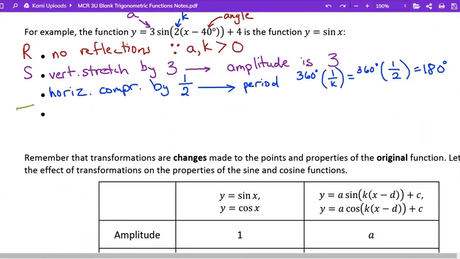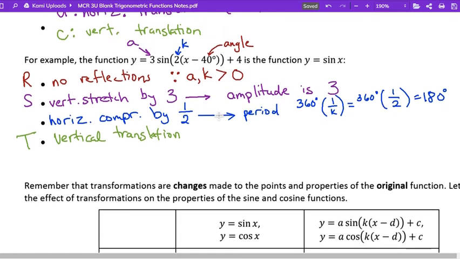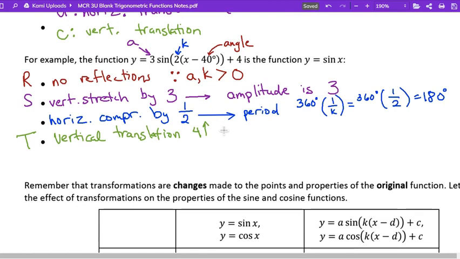Okay, and now we go to the T's. Do we have a vertical translation? Yeah. How are we moving? Up, down, how much? Up 4. Good. 4 up. And anyone remember which characteristic of the sine and cosine function this changes? The central axis. That's the axis in the middle.